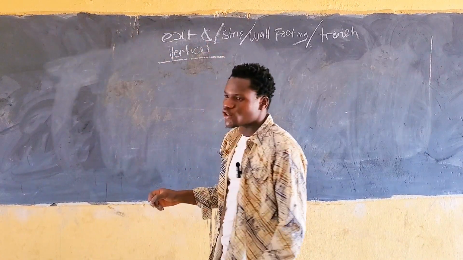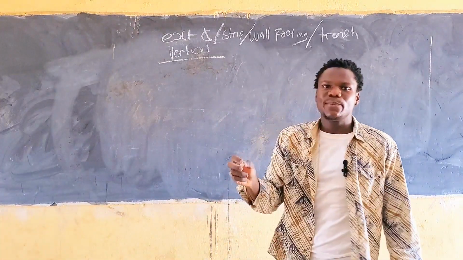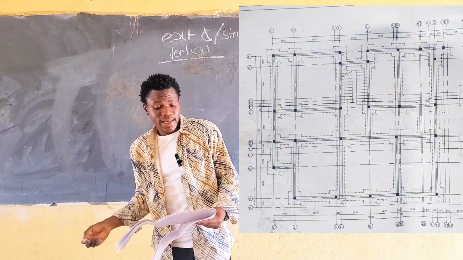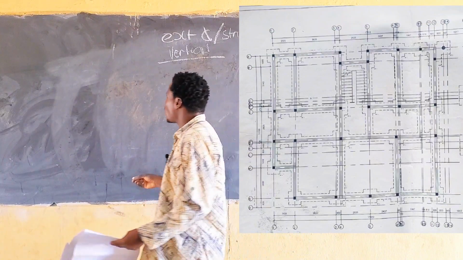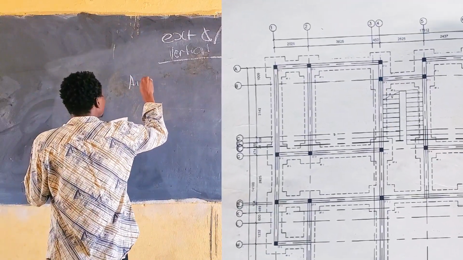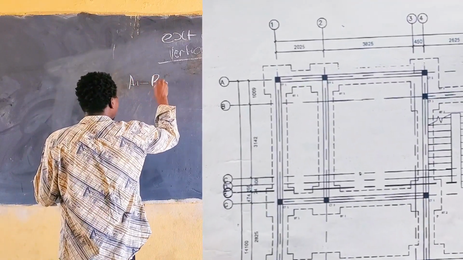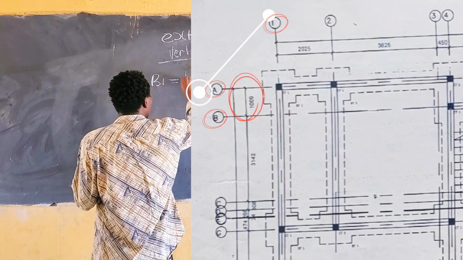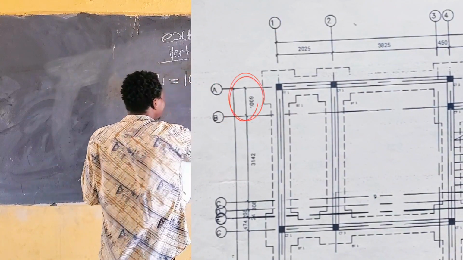So in order to measure it, like I said, we are going to be using the labels to pick out the dimension. You can take it one by one and say, okay, A1 to B1 is equal to 1009.